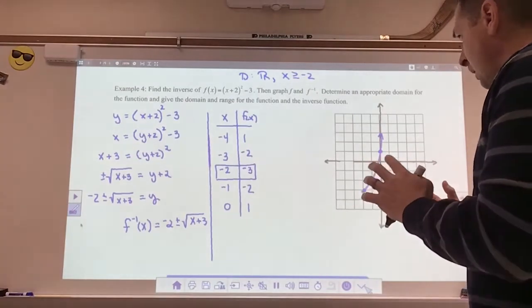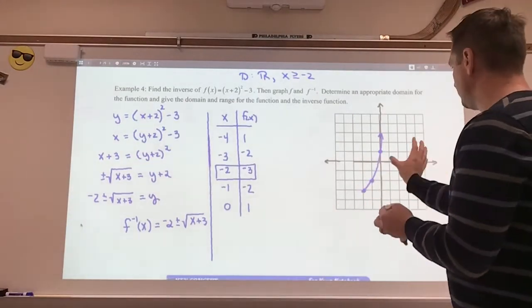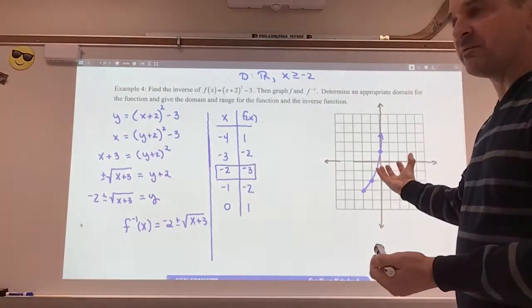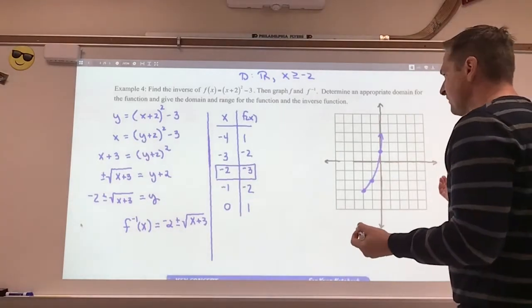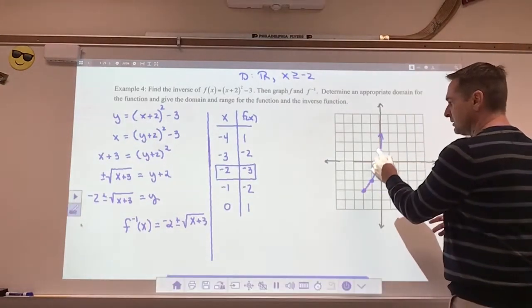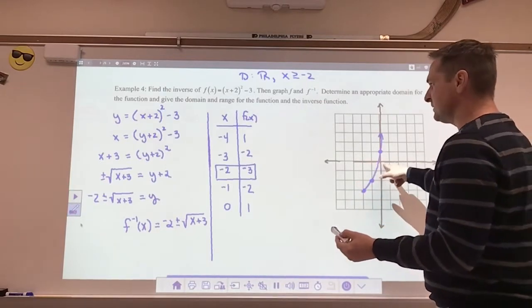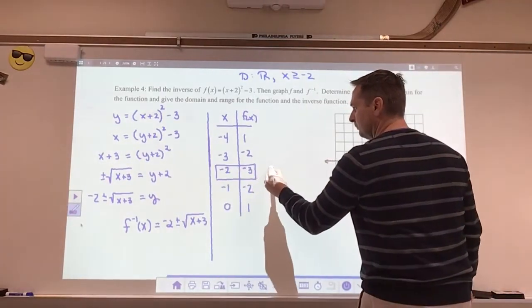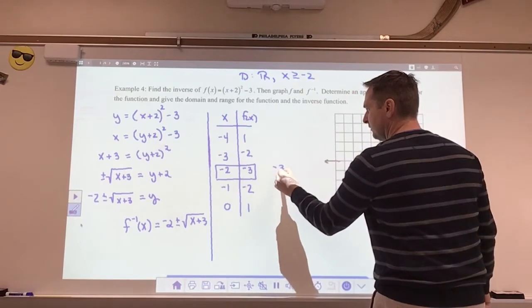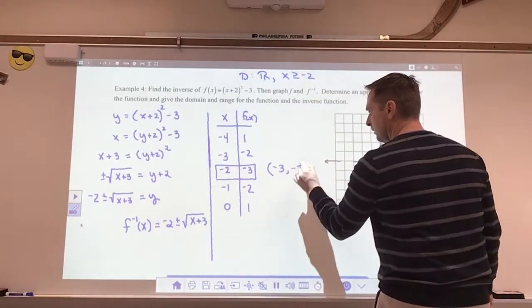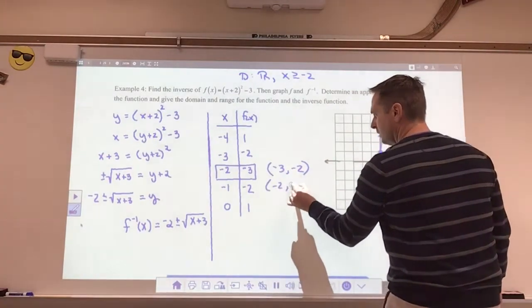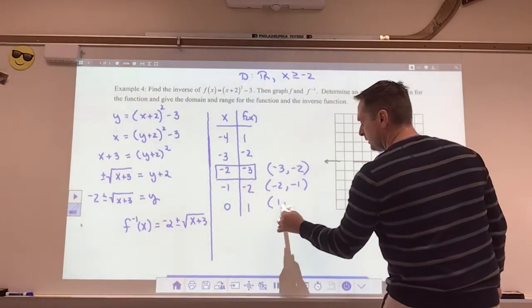Now I'm going to reflect this graph. So to reflect this graph, I'm going to take these 3 points with x values of negative 3, negative 2, and 0, and I'm going to reflect them. So I'm going to say negative 3, negative 2, negative 2, negative 1, 1, and 0.